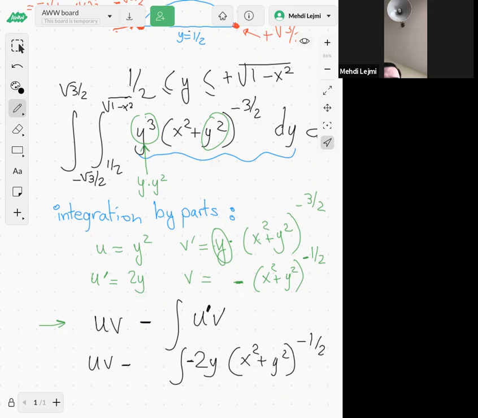But then again, we know how to integrate this because you have y squared here and there's a y here, so the integral is just, up to a constant, (x squared plus y squared) to the positive 1/2, right? And so this is easy to integrate.